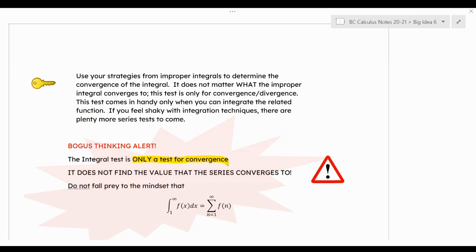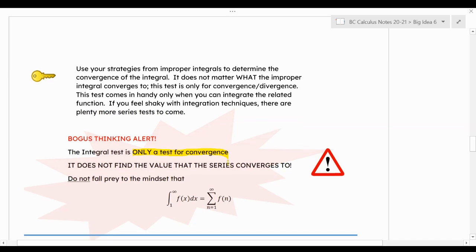What the integral test is doing is tying together that it's either infinite or it's finite. So if you get that the improper integral is like 6, that doesn't mean that the series sums to exactly 6. It just means that the series converges to a number. So be careful that you don't tie together the value.